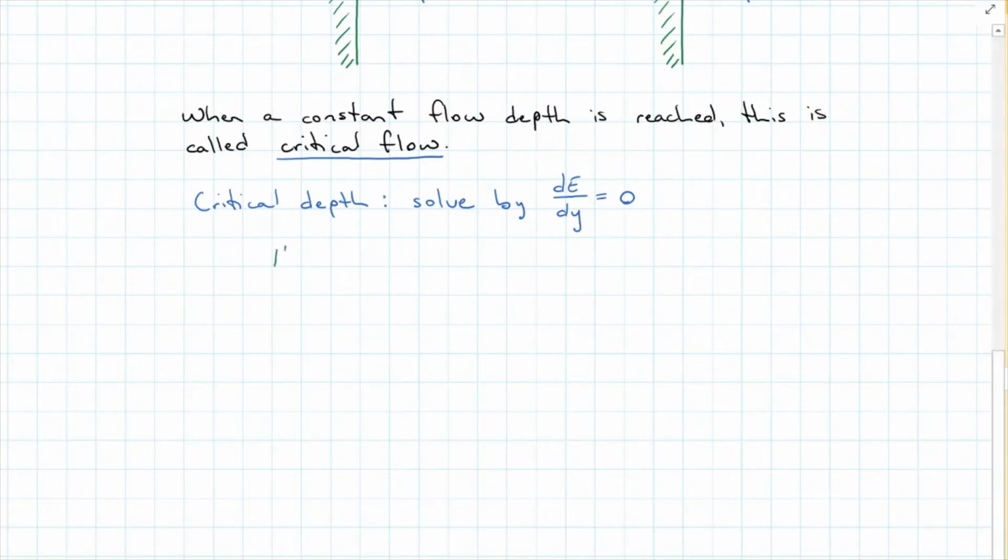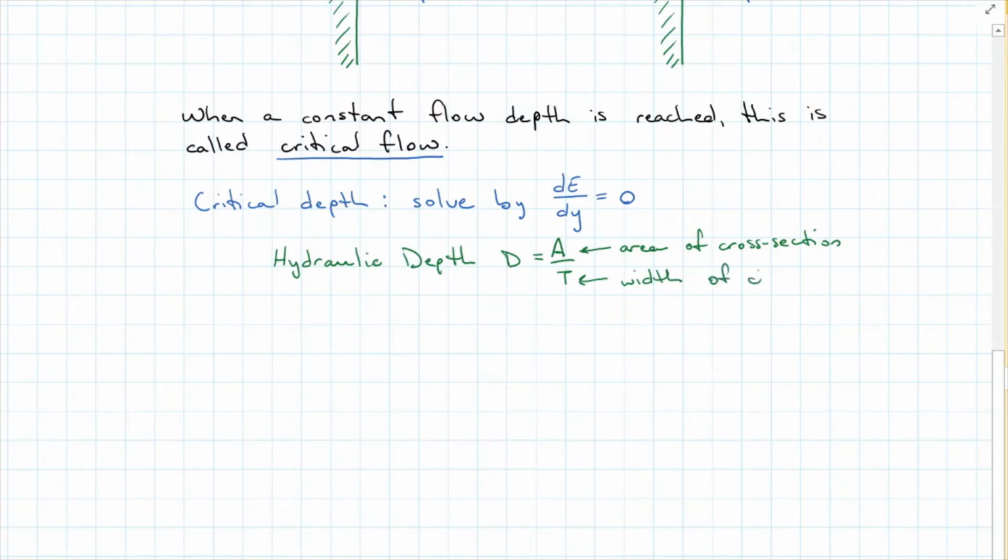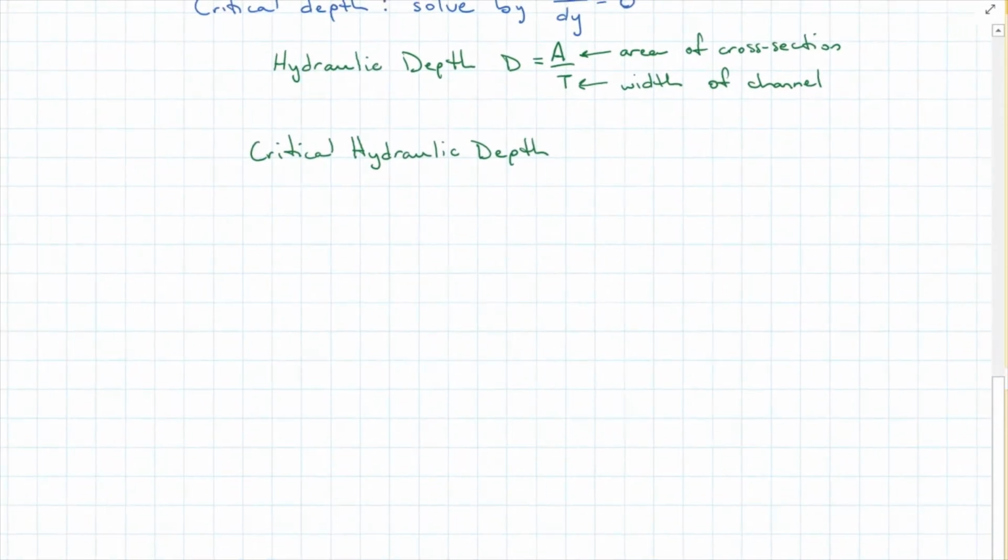Recall that hydraulic depth is the area of the cross-section over the width of the channel, and we can get critical hydraulic depth, which is dc, and that is equal to the flow rate squared all over gravity times the area, where we have critical depth, and that is also equal to V squared over g.